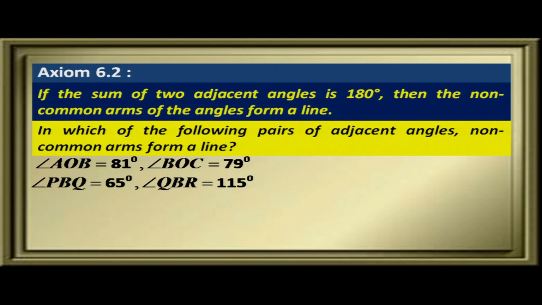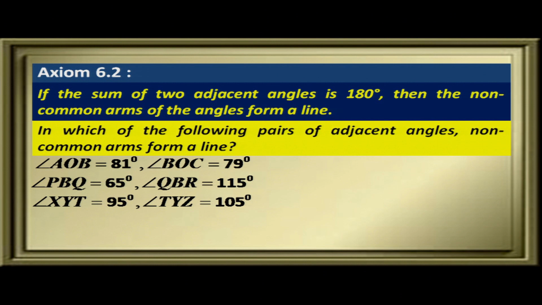Angle PBQ is equal to 65 degree and angle QBR is equal to 115 degree. In this case, the sum is 180 degree. So, the non-common arms will lie on the same line or will form a line. Angle XYT is equal to 95 degree and angle TYZ is equal to 105 degree.